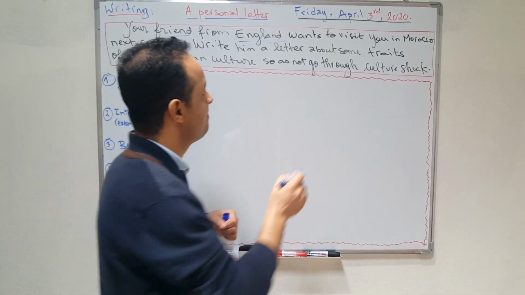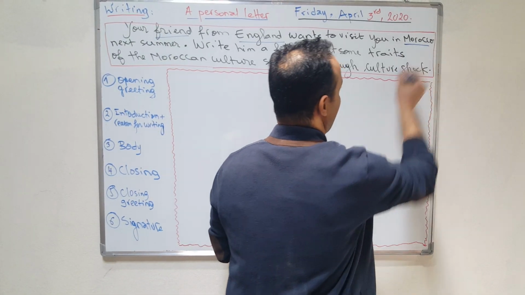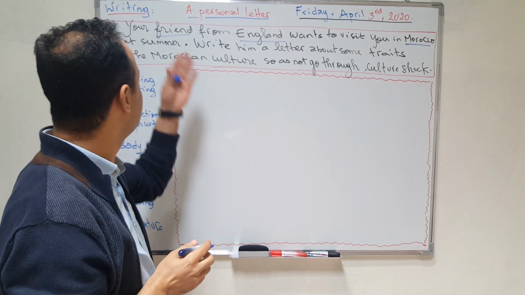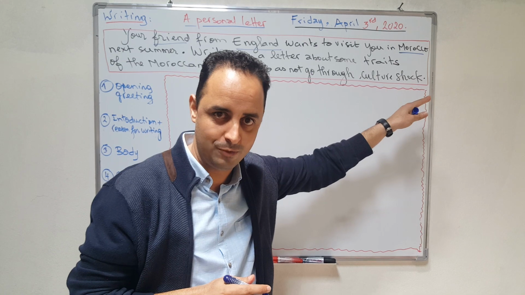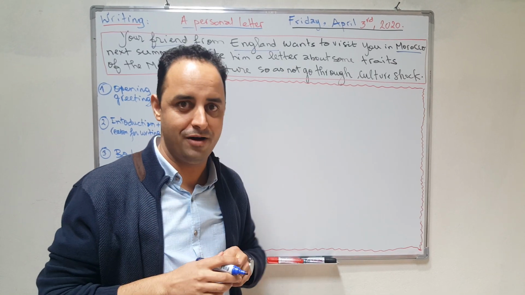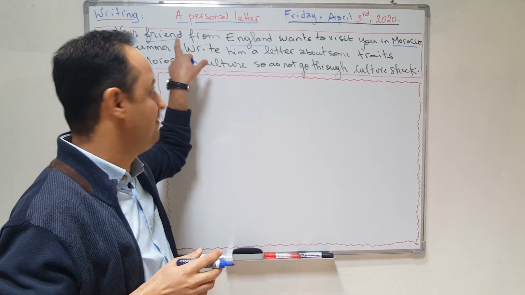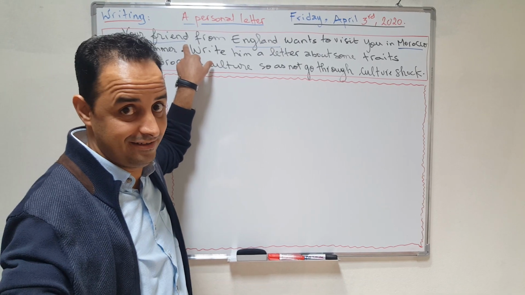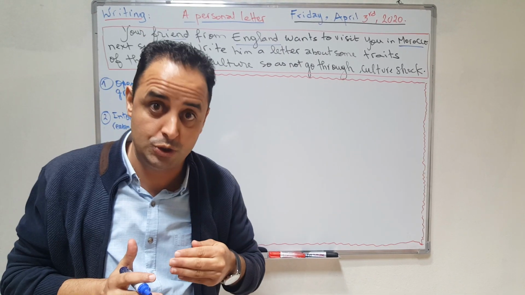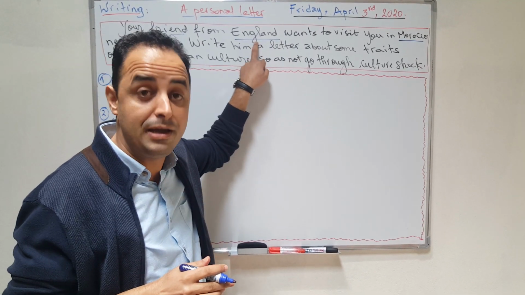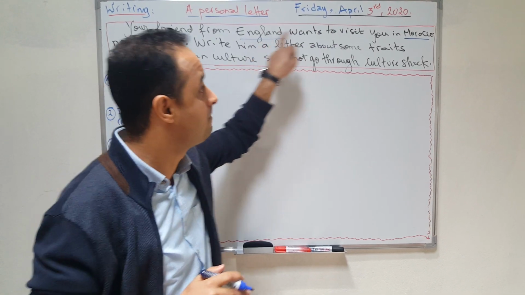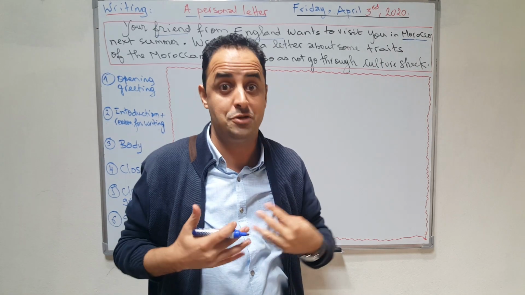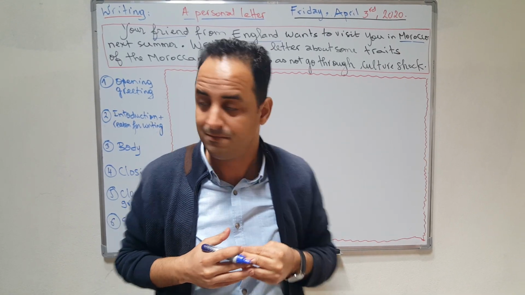Third one, Morocco. Perfect. Friend from England coming to Morocco. You have to bear in mind, it's a friend. So I'm writing to a friend, which is someone close to me. Coming from England, which is totally far away, totally different. And coming to Morocco, which is my country and my culture.